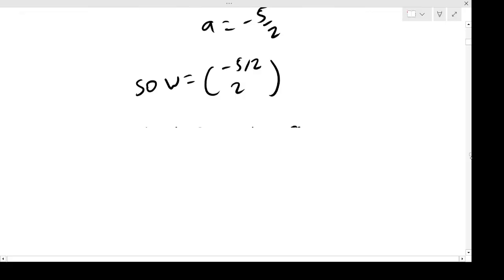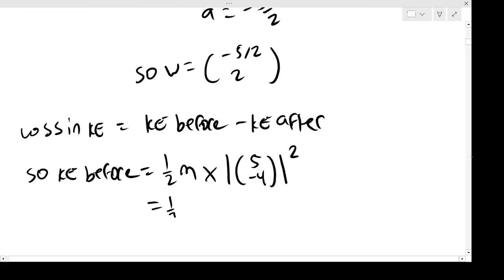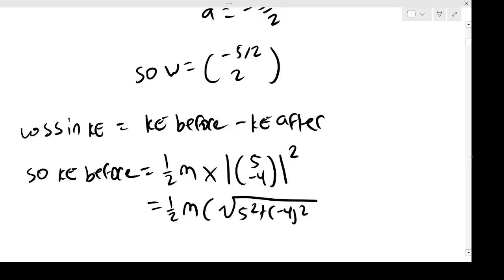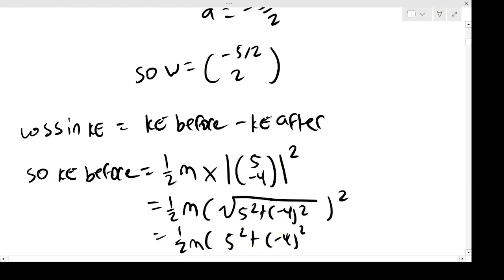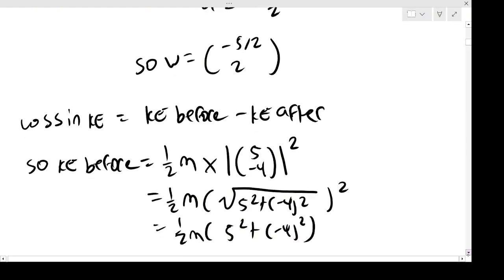Let's work that out. It's going to be half m, and then the root of 5 squared plus (-4) squared if we work out the modulus, and then that squared. If we're squaring a square root, we just get rid of the root. So it's going to be half m lots of 5 squared plus (-4) squared. And so we work all that out.